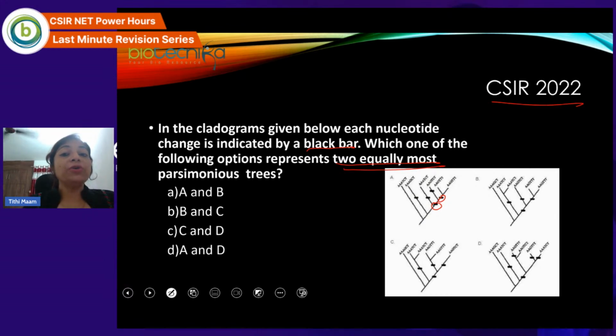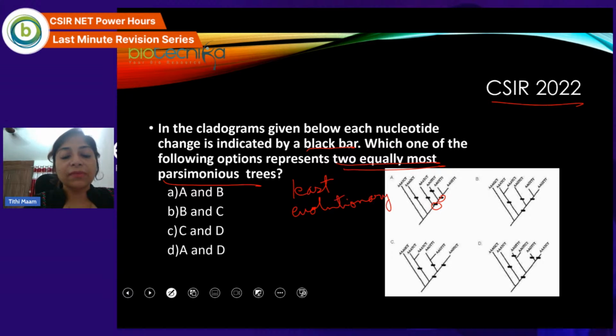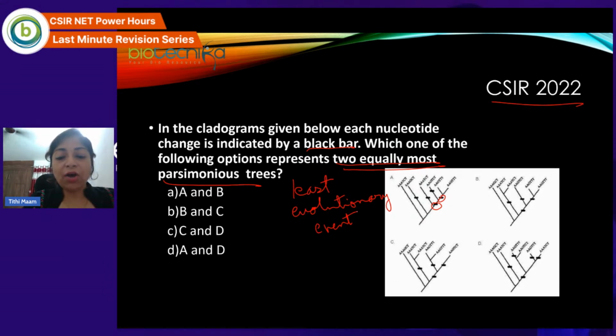For this, what you have to see is that the most parsimonious tree is the tree having the least evolutionary events. Do you understand, guys? The most parsimonious tree will be the one having the least evolutionary events. So you see option one, how many evolutionary events it has, basically how many horizontal lines it has, because each horizontal line shows one evolutionary event.